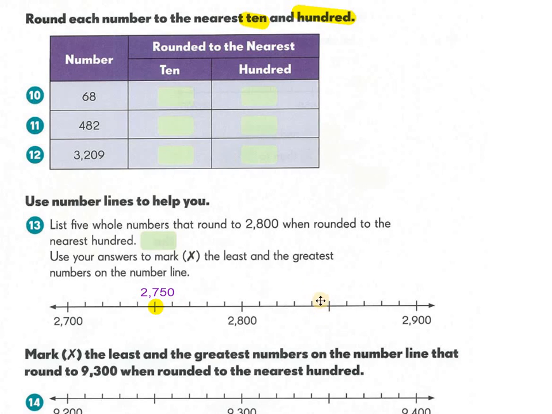And now I want you to think about the biggest number that when it's rounded to the nearest hundreds is 2,800. Okay, I want you to pause and figure that one out. And then when you know it, click play and you'll see the answer. Okay, I hope you said that the greatest number that could round to 2,800 would be 2,849.